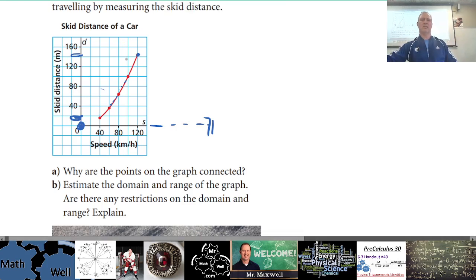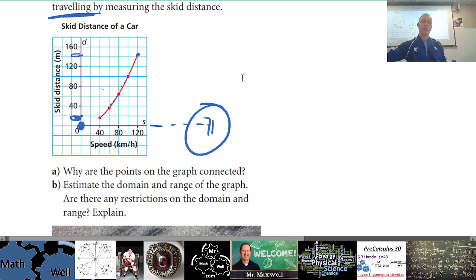These skid marks are probably going to level out somewhere just because of gravity, because of friction, because of the way things work. So anyways, I don't know what you might want to put for a top. It looks like maybe you want to say 200 or 300 meters would be probably near the top if we're talking about 300 kilometers an hour.